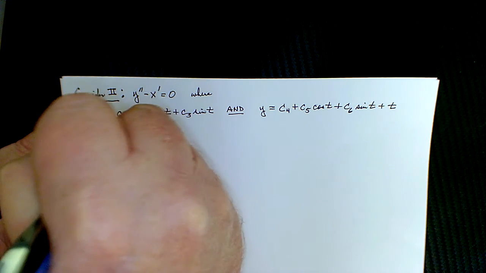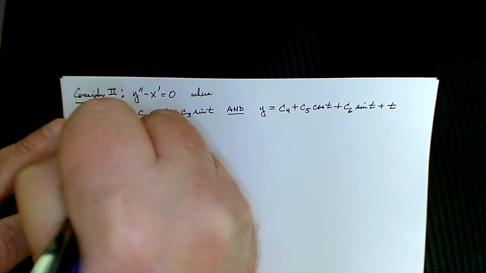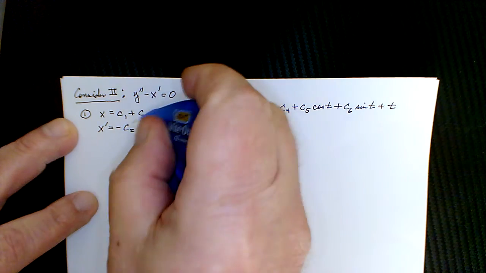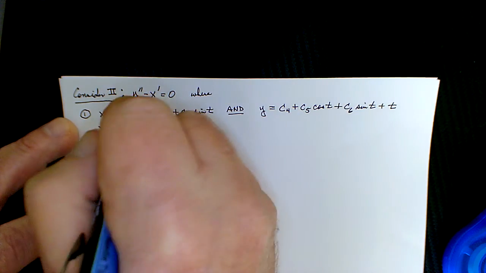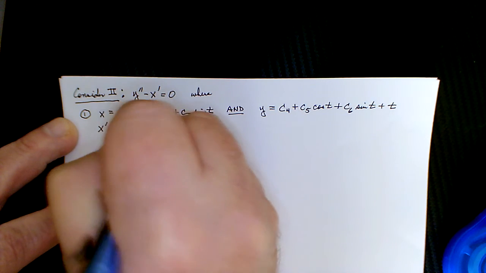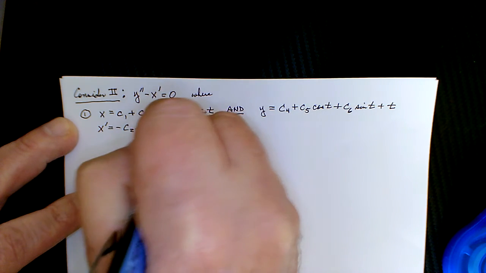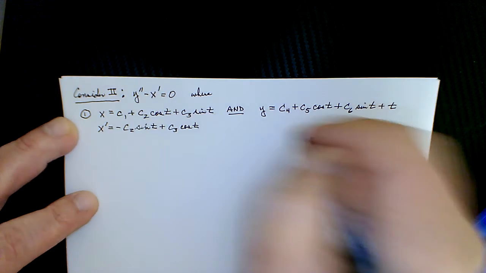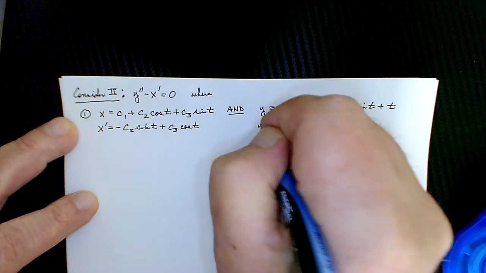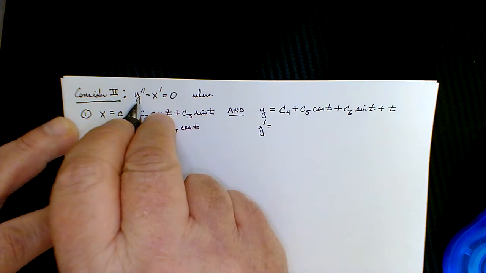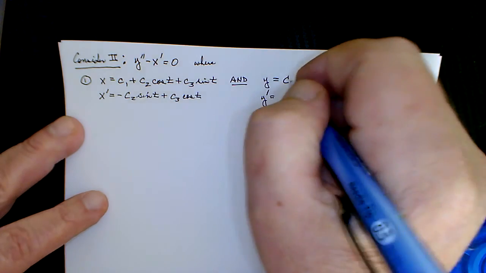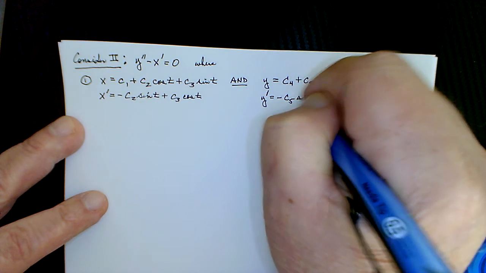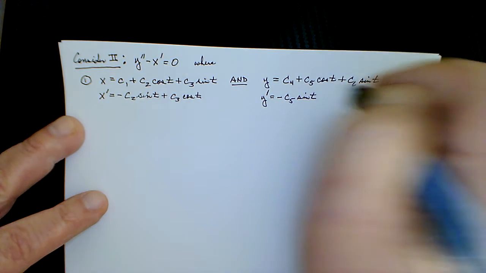We'll calculate x prime first. We get minus C2 times the sine of t plus C3 cosine t. Okay, so that's x prime. Here we'll need to calculate two derivatives because we've got y double prime. So y prime is minus C5 sine of t.